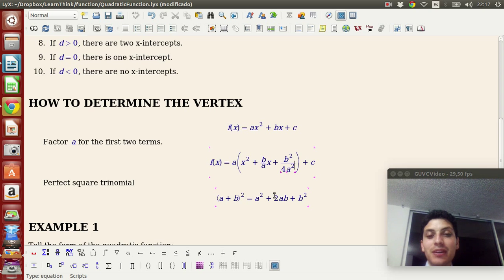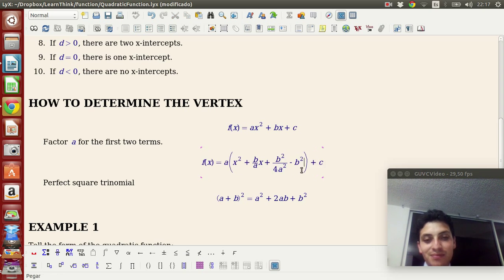So we have the perfect square trinomial. But remember that if you add, you have to subtract, because you need the same equation.